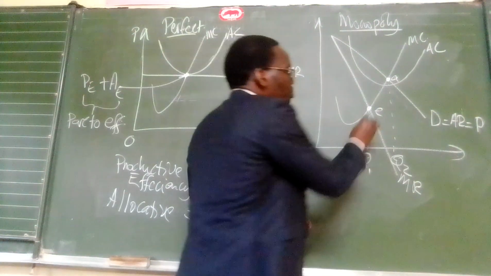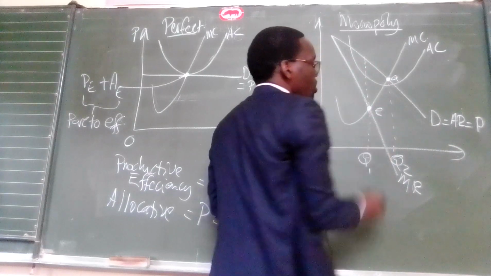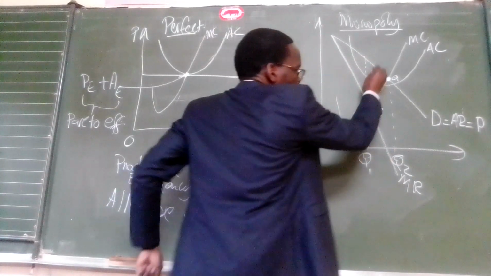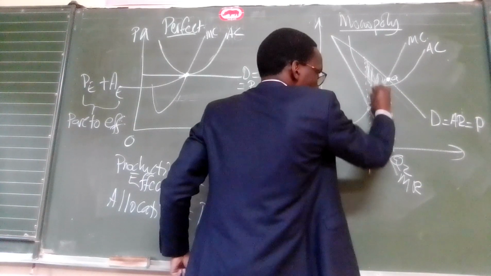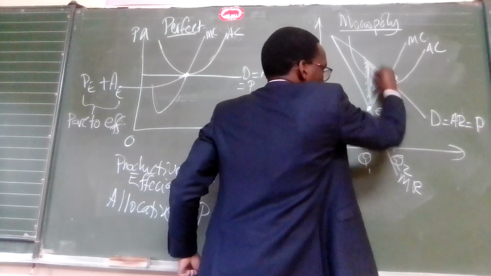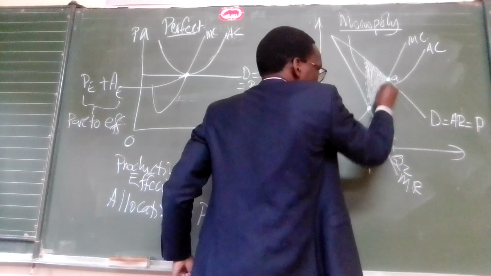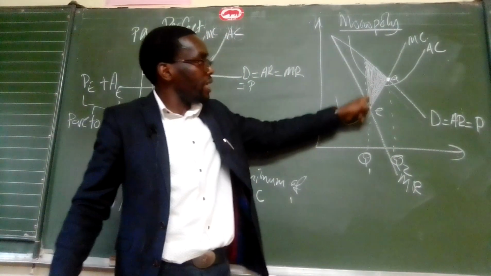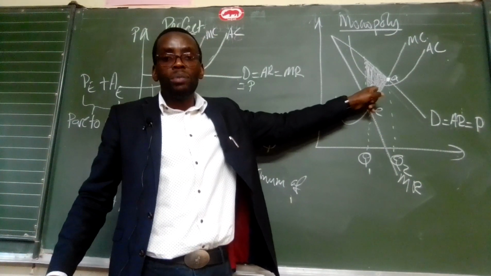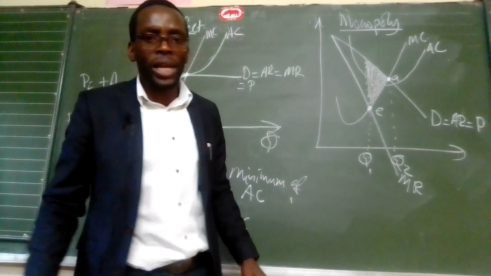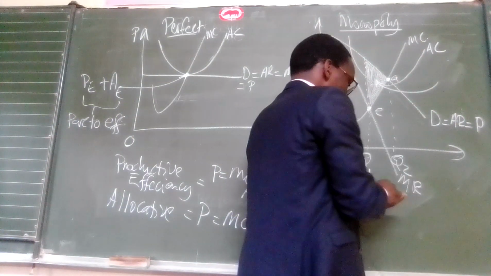Okay? So at that point, if I draw a straight line going up, you will find that this region here that I'm going to shade, this shaded region here, is what demonstrates what is called the deadweight loss.